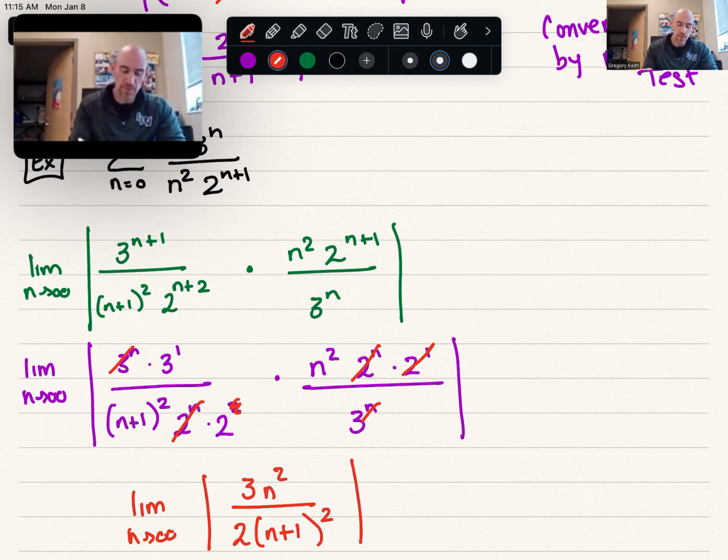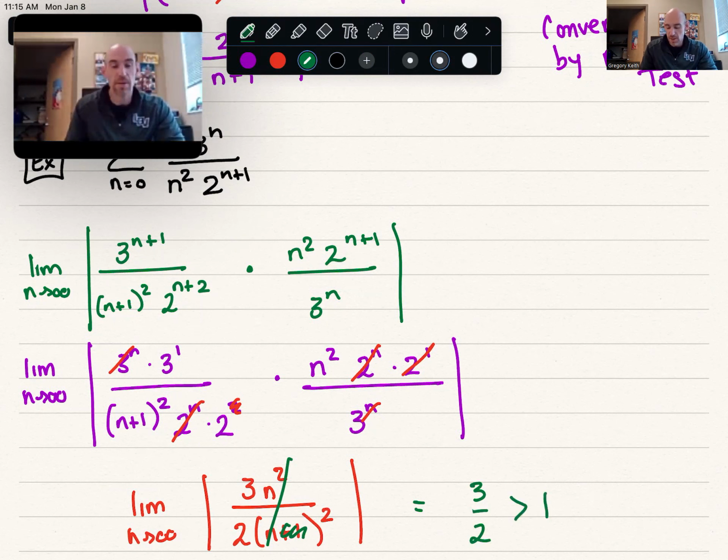Well, this is where we get to use a little of that rule of insignificance. Let's get rid of that plus 1. Then you just have n squared over n squared. That whole thing cancels out, and this is going to give us 3 over 2, which is greater than 1, which tells us it diverges by ratio test.